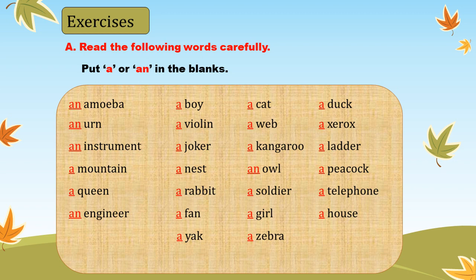Here the words amoeba, urn, instrument, engineer, owl begin with vowel letters, so we have used an. And the rest of the words begin with consonant sounds, so we have used a.